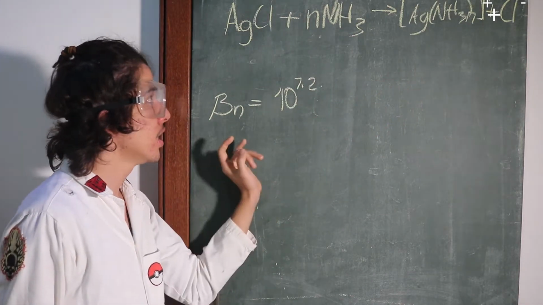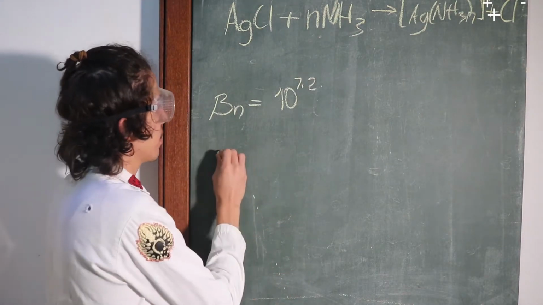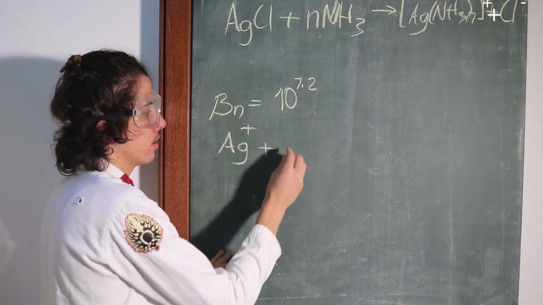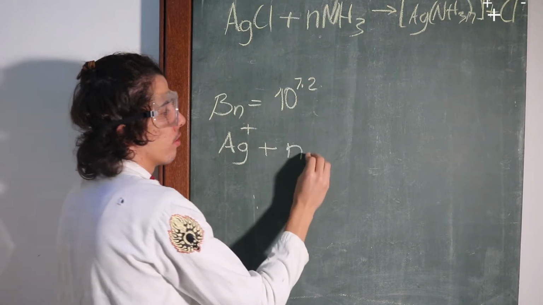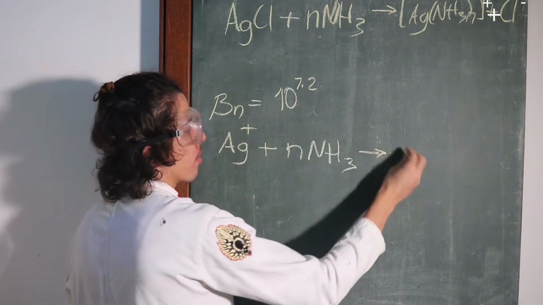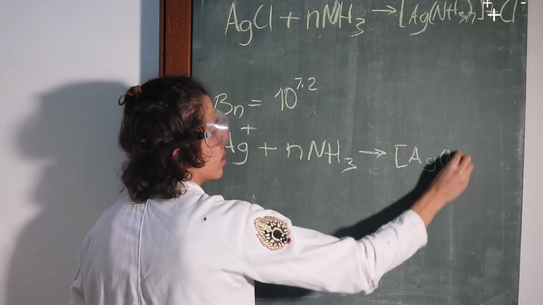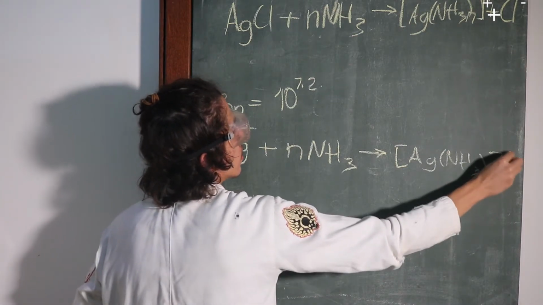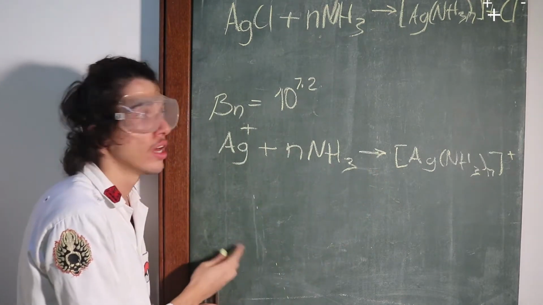What it means is that if we have silver and we add n moles of ammonia forming the complex Ag(NH3)n plus, this is the constant for this reaction.